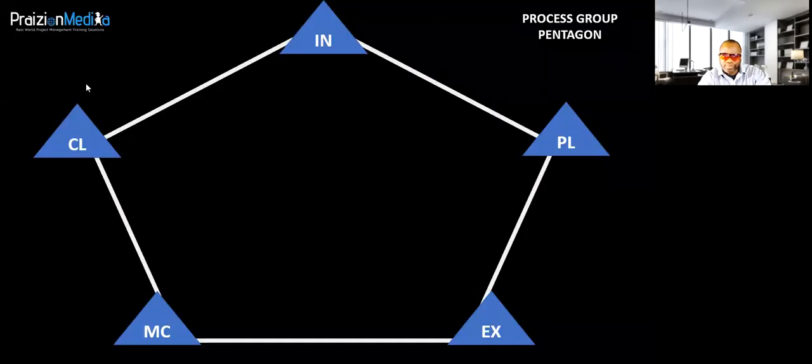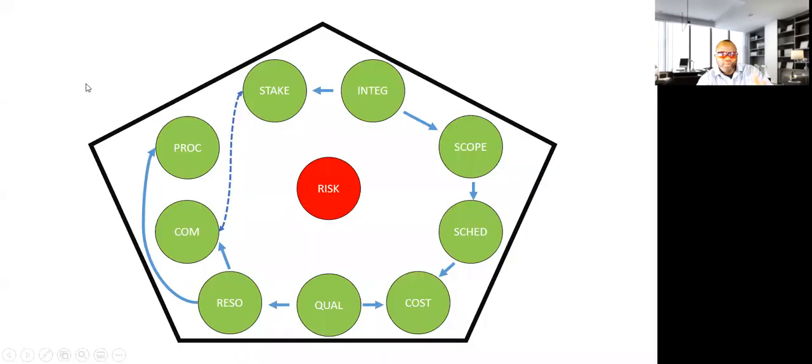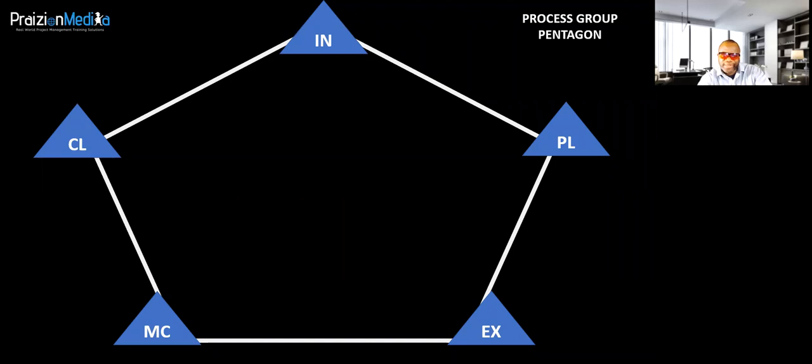So let's go back to a framework here. And one more thing we're going to be doing is taking a look at different variations of this framework. And we're going to be populating it with knowledge areas, and we're going to be looking at it from different angles, okay? But I want you to, for now, get those interrelationships right. And once you get that down, we move to the next stage.